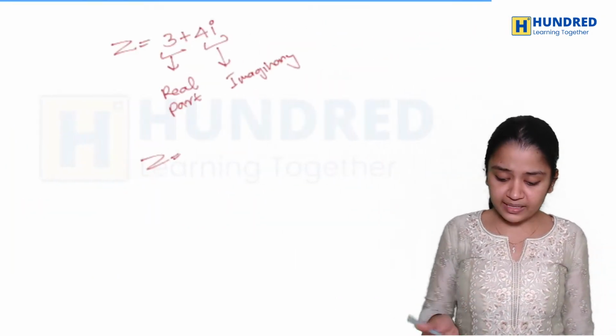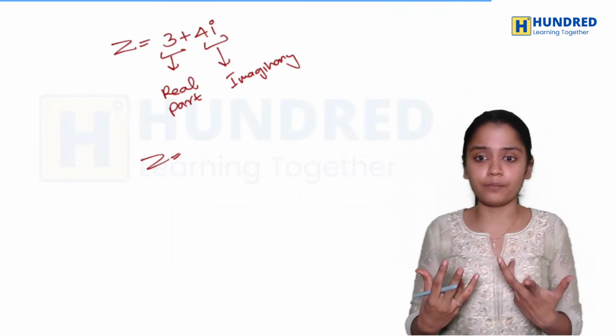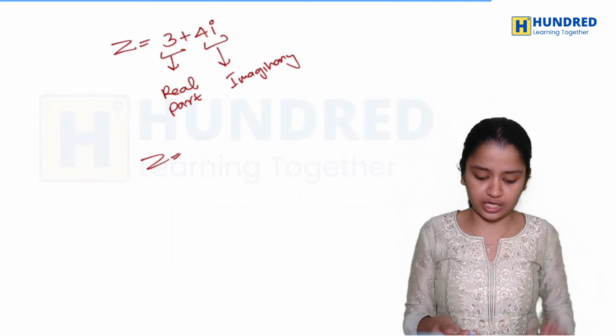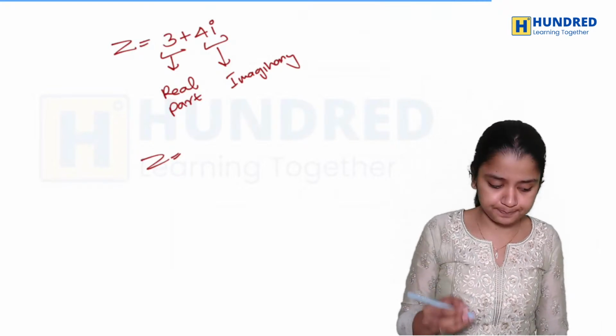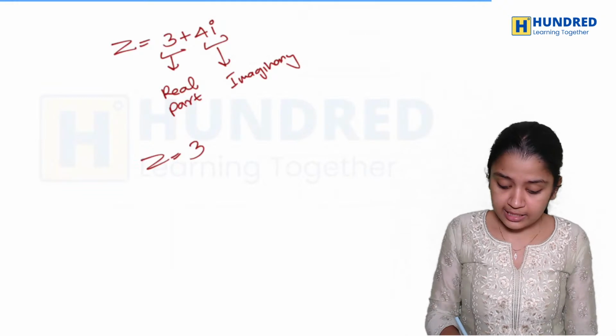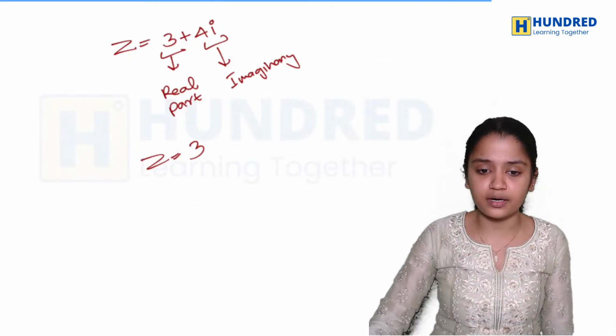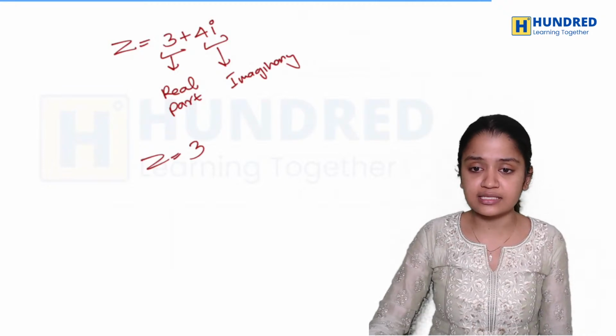Your complex number can have any number which is a combination of real and imaginary. So what about this? When you talk about 3, is it a complex number?